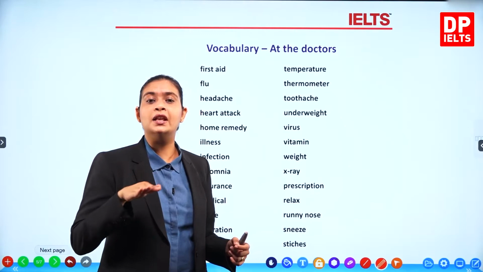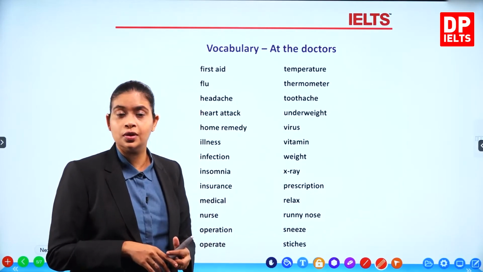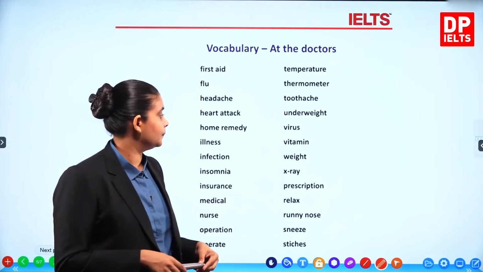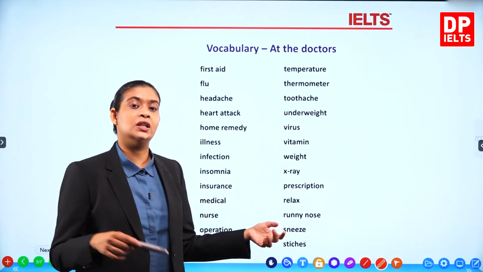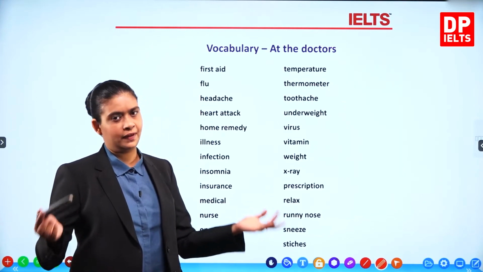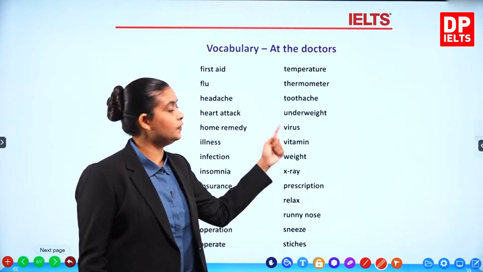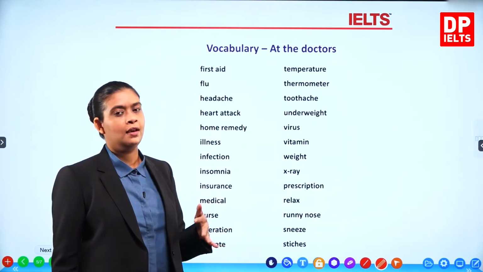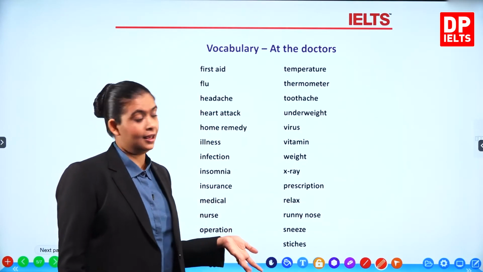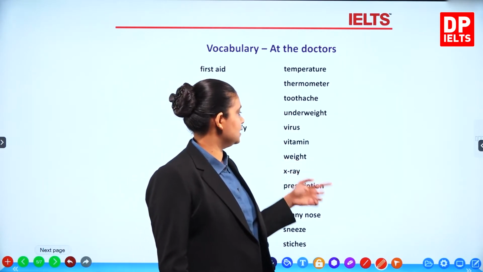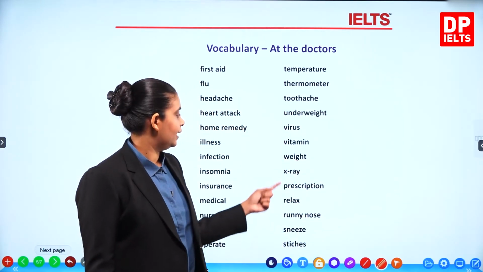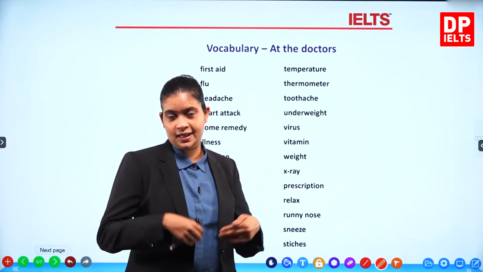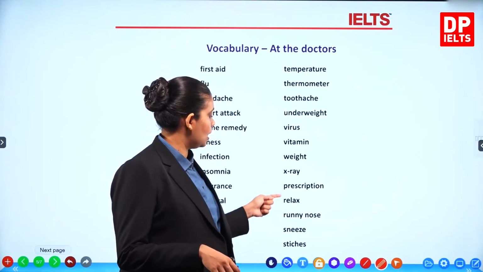Underweight is when you're below the weight that you should actually weigh. Virus is a viral attack. Vitamin, some people call it vitamin, that's fine. Good things that you take for your body like vitamin A, B, C, D, E, okay. Weight is how much you weigh. X-ray is through the X-ray, you actually see what is inside your body.